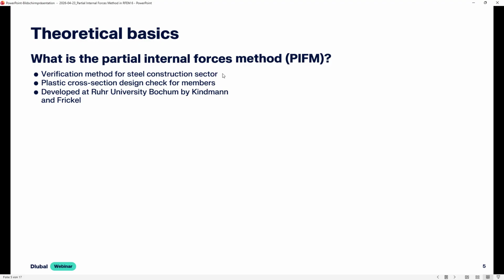This method is a design check, and especially it is a plastic cross-section design check. So we can use it for steel members, and we can design these members with their plastic reserves. This method, PIFM, has been developed in Germany at the Ruhr University Bochum, mostly by Rolf Kindmann and Jörg Frickel.